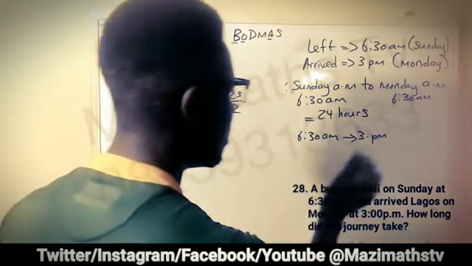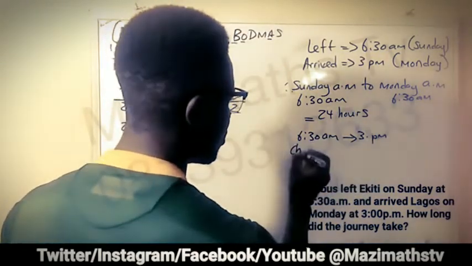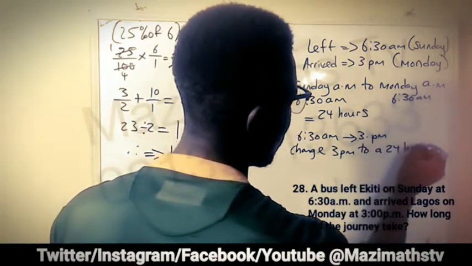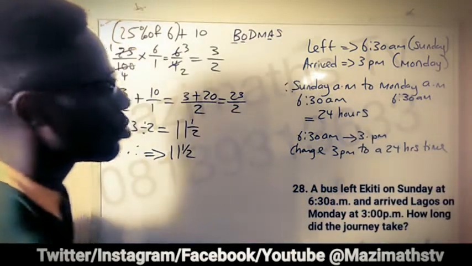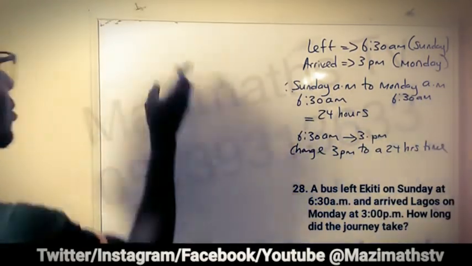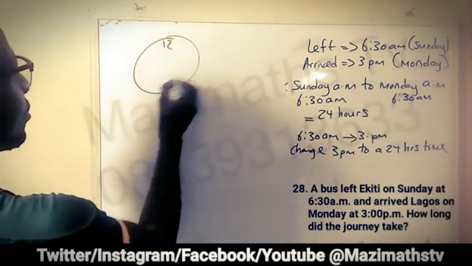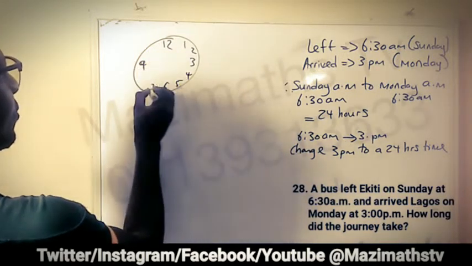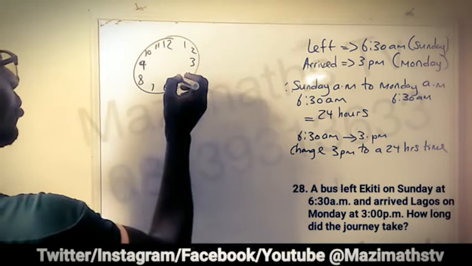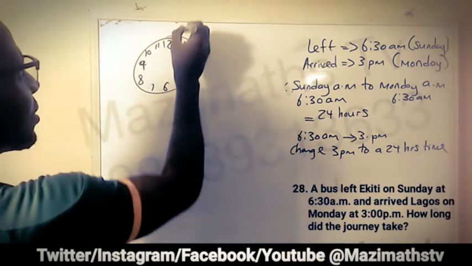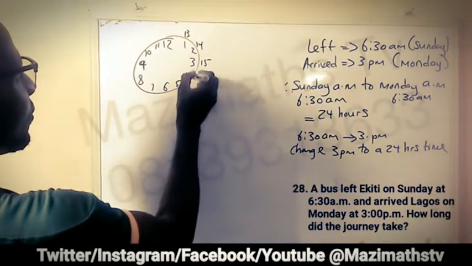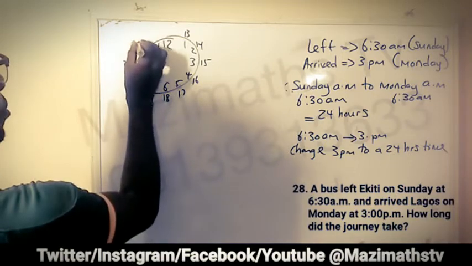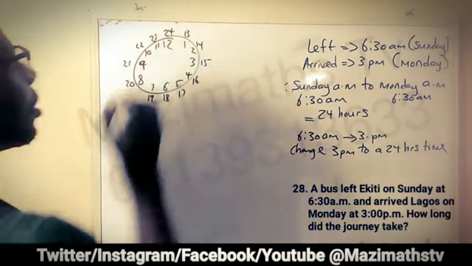Are you getting it? So now you can change 3 p.m. to 24 hours time. To look at it here, you have a clock like this: 12, 6, 3, and 9. 1, 2, 4, 5, 7, 8, 10, and 11. Here in the 24 hours time, so 13, 14, 15, 16, 17, 18, 19, 20, 21, 22, 23, and 24.